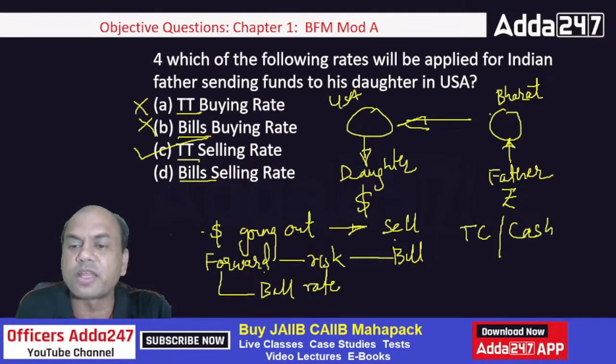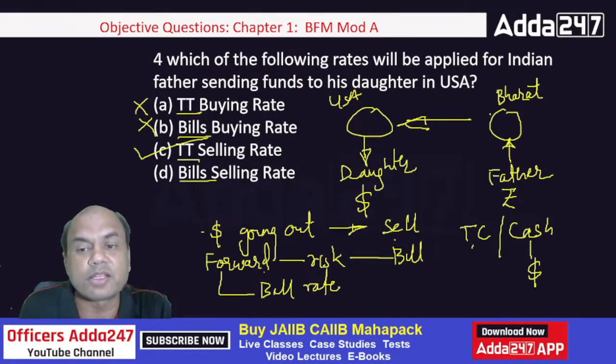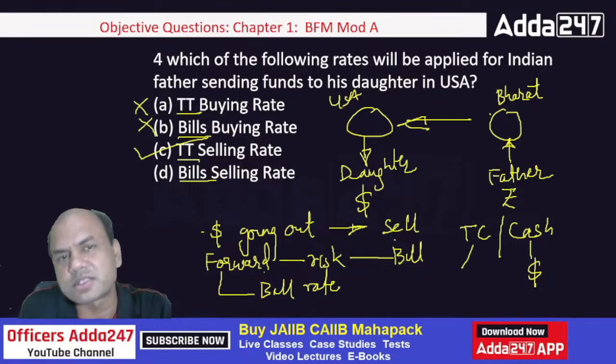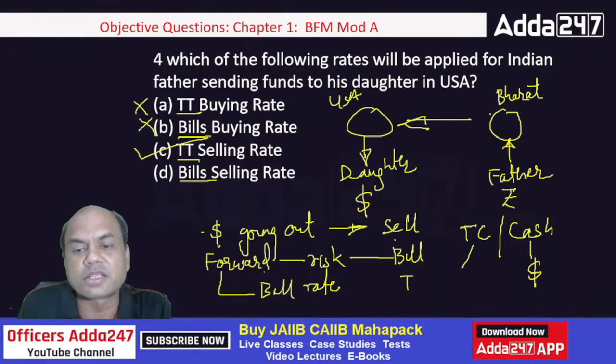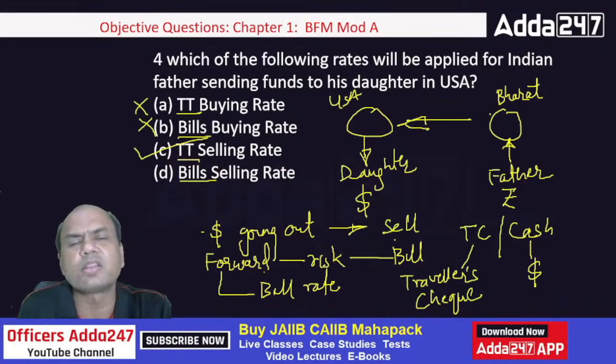Cash, we use it when I am having cash dollars. If I am having notes of dollars, then I'll be using the cash rate. If I am having traveler's checks, what is a traveler's check? Does anyone know? Has anyone handled traveler's checks? Just type yes in the comment section. Traveler's checks, nowadays these are gone. Nowadays we have all cards, right?